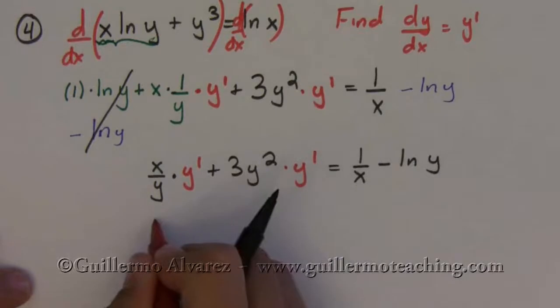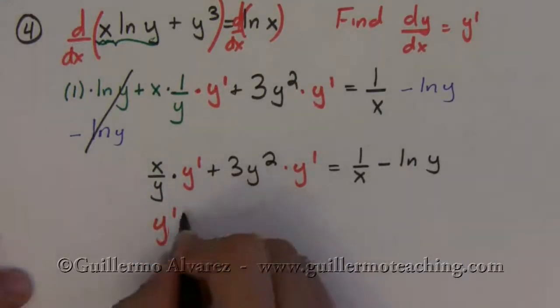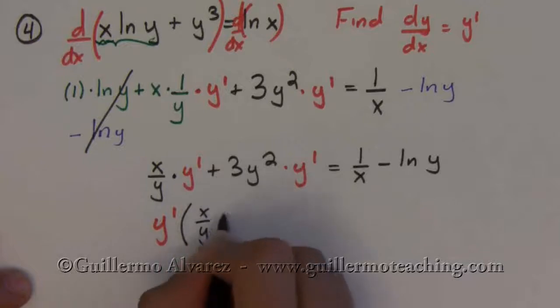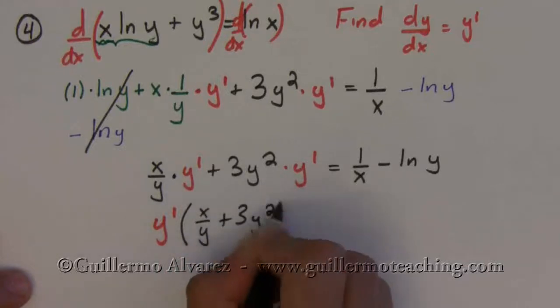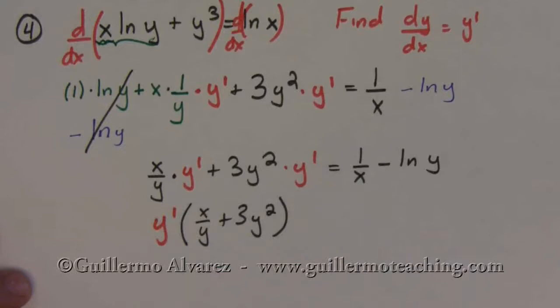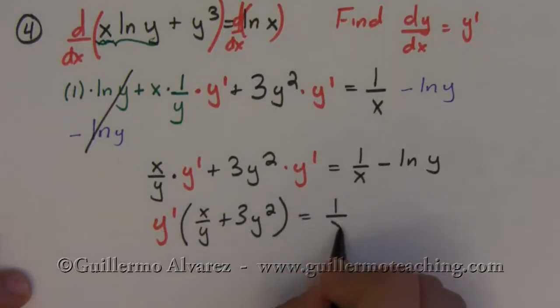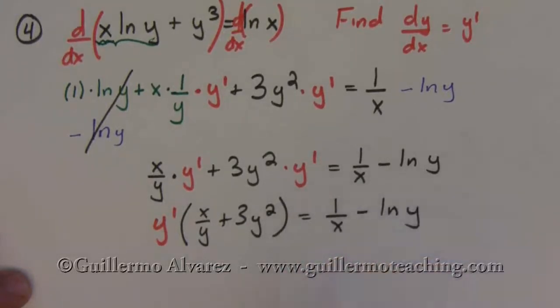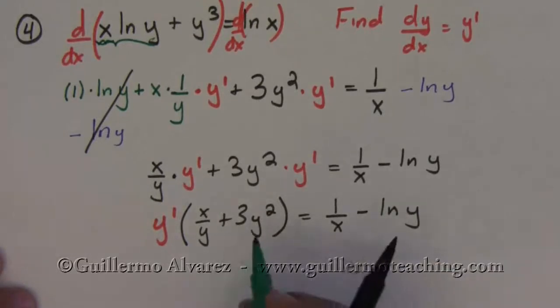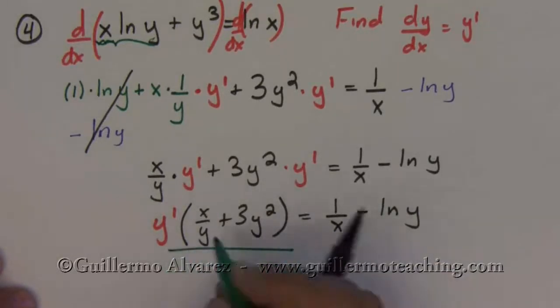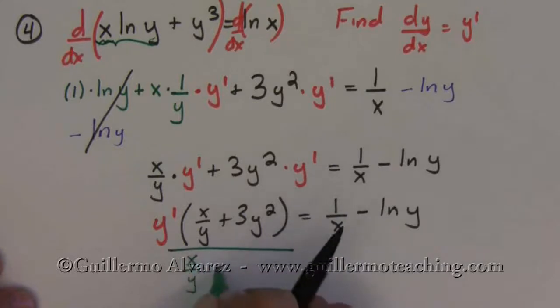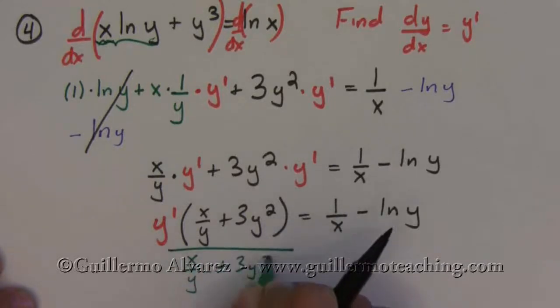And then like last time, since y prime is common, we factor it out. And we'll have x over y plus 3y squared is equal to 1 over x minus natural log of y. And then we'll divide both sides by x over y plus 3y squared.